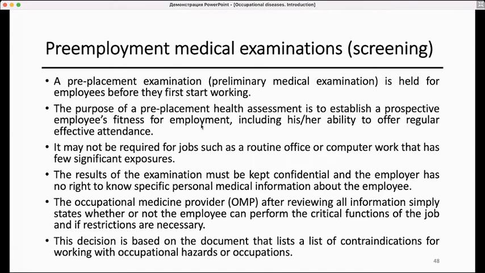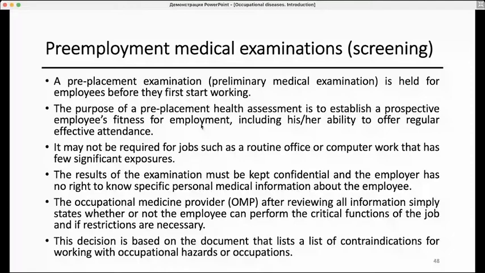A pre-placement examination or preliminary medical examination is held for employees before they first start working. The purpose of a pre-placement health assessment is to establish a prospective employee's fitness for employment, including his or her ability to offer regular effective attendance. It may not be required for jobs such as routine office or computer work that has few significant exposures.